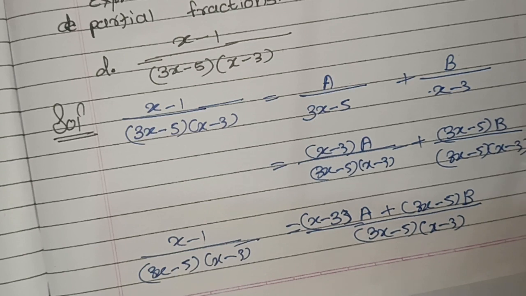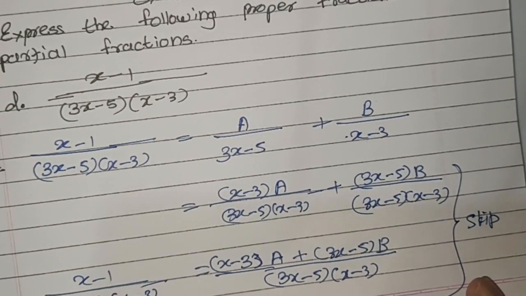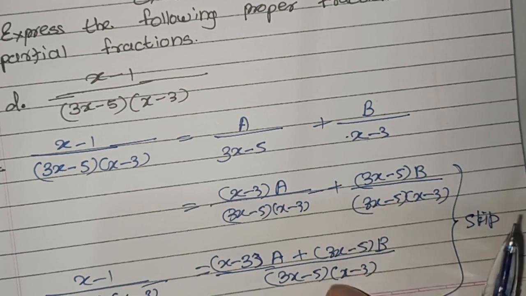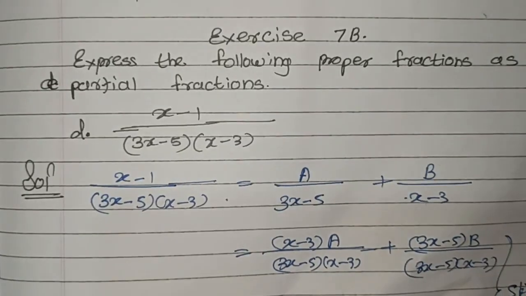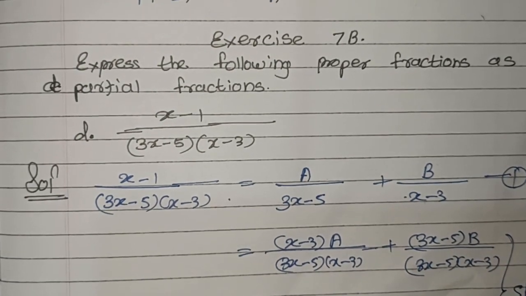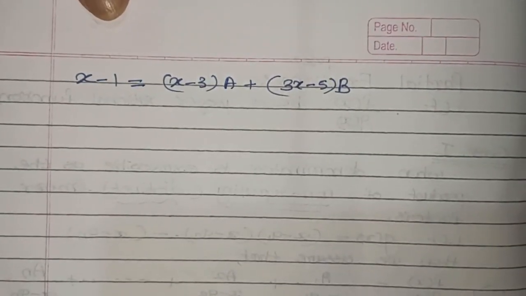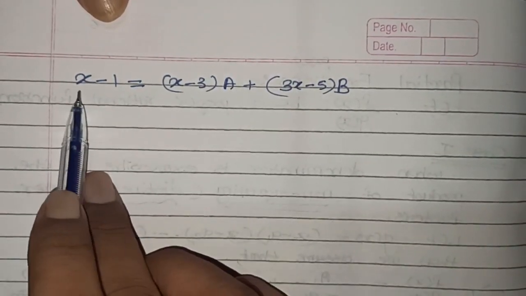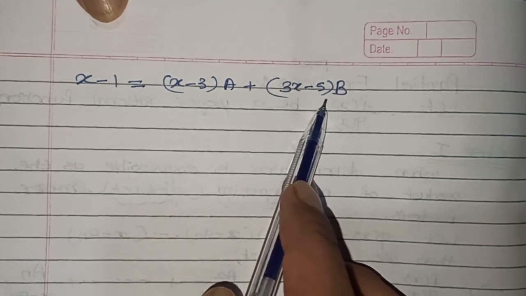Call this equation number 1. So by equating numerators on both sides, we get x minus 1 equal to x minus 3 into a plus 3x minus 5 into b.